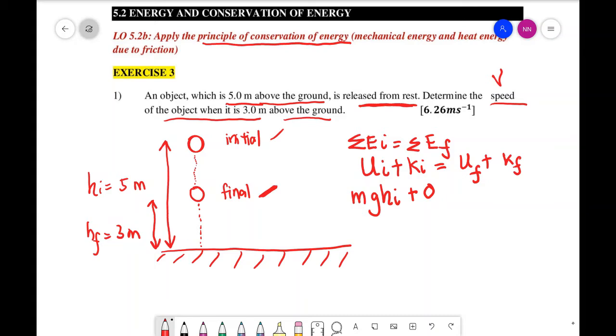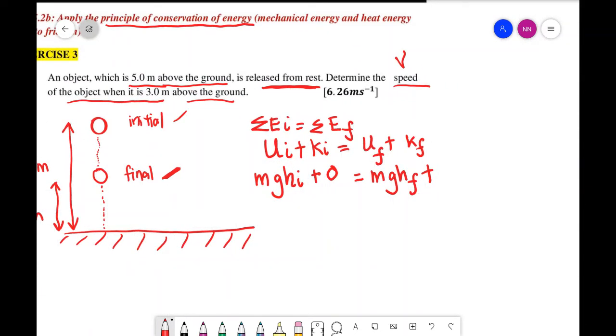U final is mg times height final, and then K final, the formula for kinetic energy, is half mv squared.